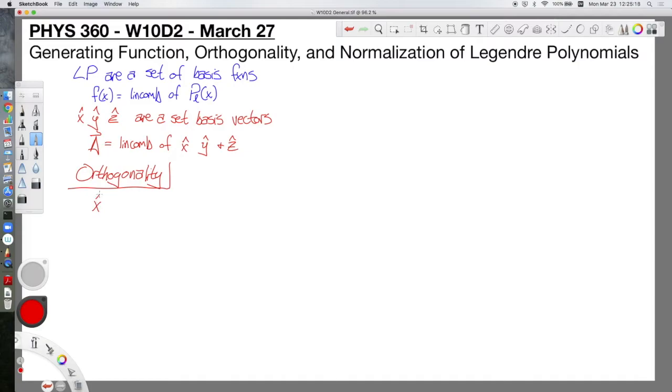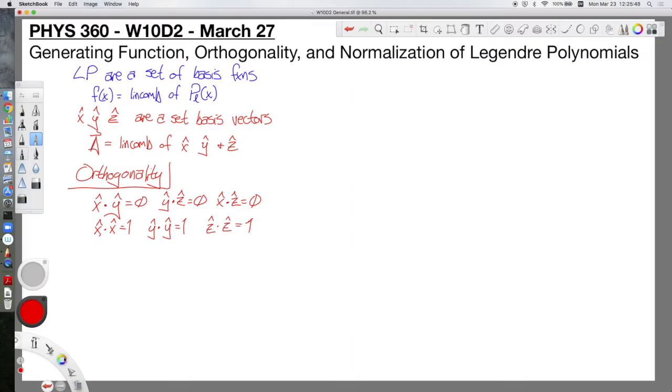In terms of our vectors, this means that they are literally perpendicular. x hat dot y hat is 0. y hat dot z hat is also 0. And x hat dot z hat is 0. But x hat dot x hat equals 1. y hat dot y hat equals 1. And z hat dot z hat equals 1.